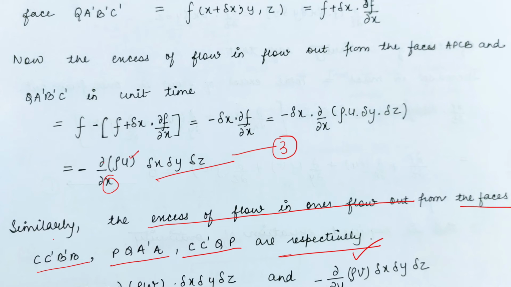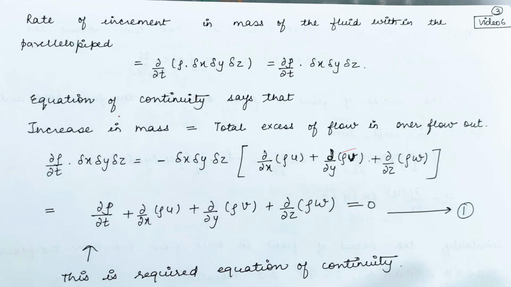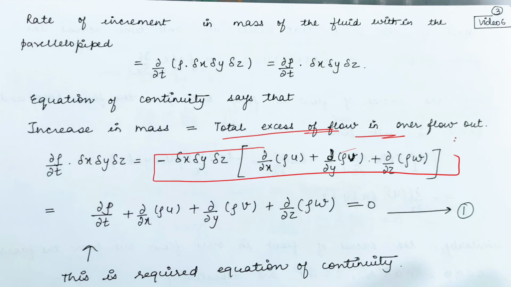Similarly along the w direction it will be del by del z of rho w delta x delta y delta z. So you got 3 equations here, 3, 4 and 5. Now if we want to calculate the total excess flow, it will be the addition of these 3 plus 4 plus 5, the same we have done here.